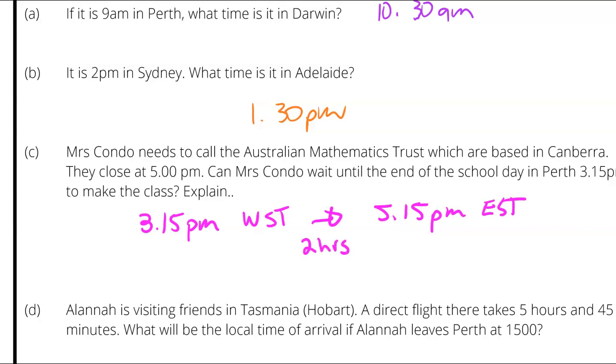Emily, I'll come to you in a minute. It's going to be 2 hours later, and they close at 5. So would I get in contact with someone? The answer is no. It's going to be too late because they're 2 hours ahead of us, and their 5 o'clock is when we are at 3 o'clock.